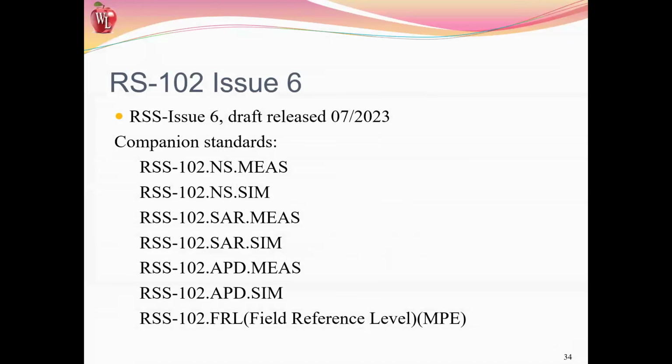And now issue 6, they have these companion standards. ns.mes is nerve stimulation measurements. Again, they're all pretty explanatory by their title. SAR.mes is SAR measurements, all the way down to FRL, which is field reference level, or MPE.